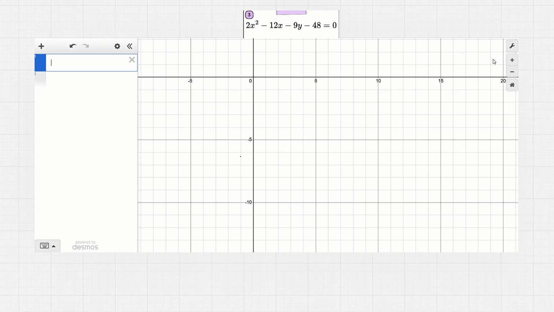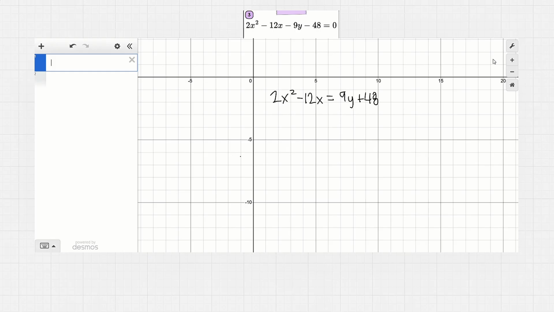So how are we going to use this? Let's group x terms. So we have 2x squared minus 12x equals. We are going to put negative 9y and negative 48 on the other side. If we put a term on the other side, we change the sign. So it will be positive 9y plus 48.